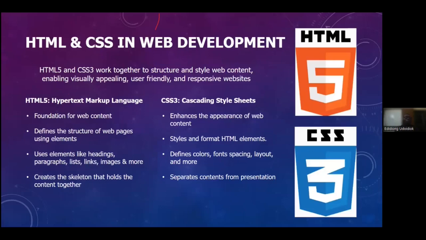Now, currently we are talking about HTML5 and CSS3. These numbers don't really change everything, but they do bring some changes. HTML5 means that we are currently working with version 5 of it. We have different versions of them, old versions and new versions. New versions are a result of new things that have been discovered and new things that will make your development easy.